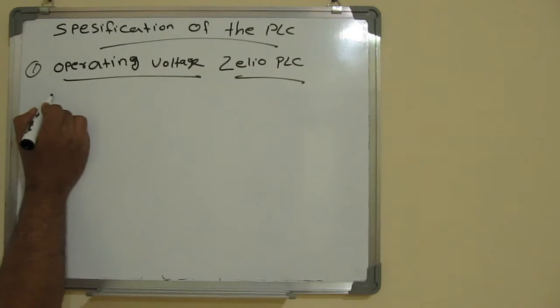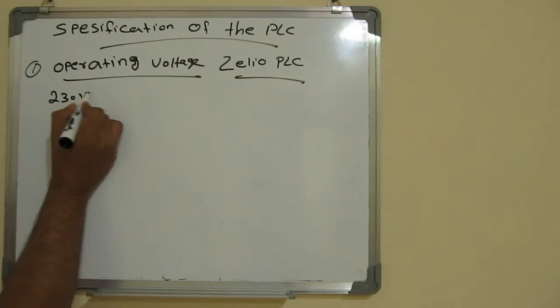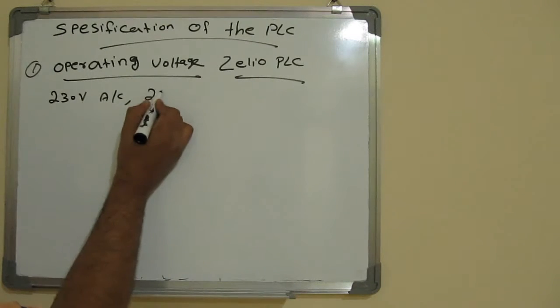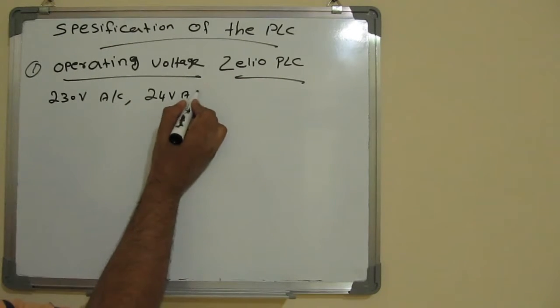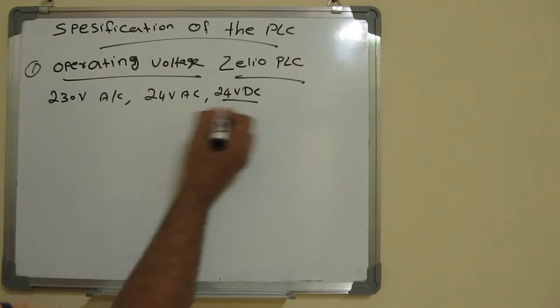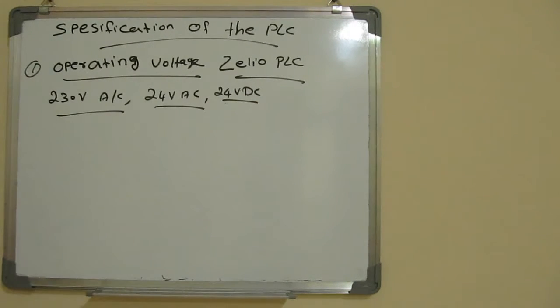One comes with 230 volt AC, and it is also available with 24 volt AC and 24 volt DC. These are the major voltage variations. If you check the catalog you may find some special voltages also, but these are the normal voltages available in the market.